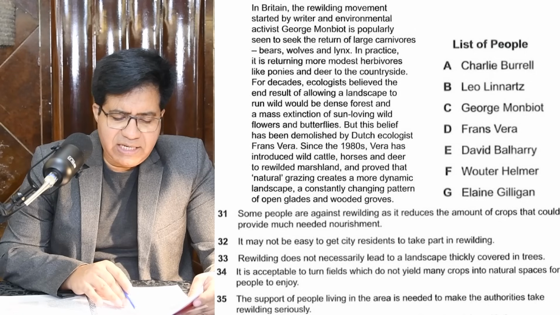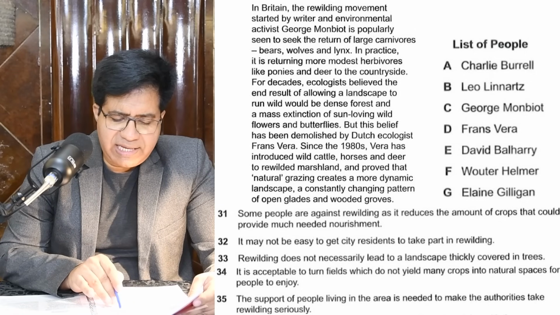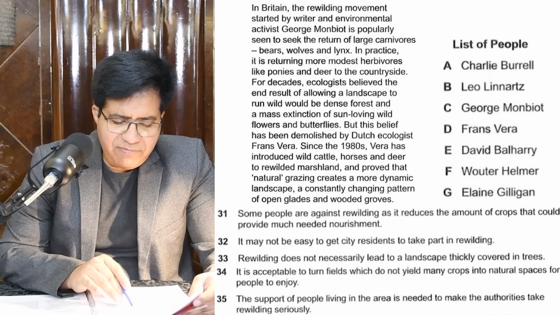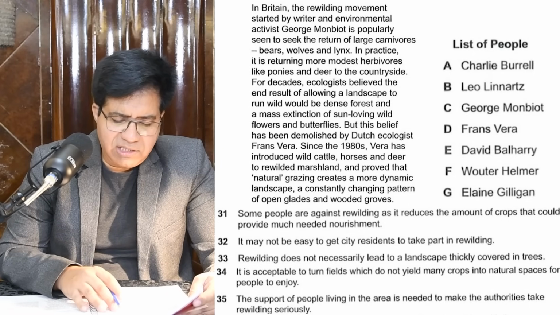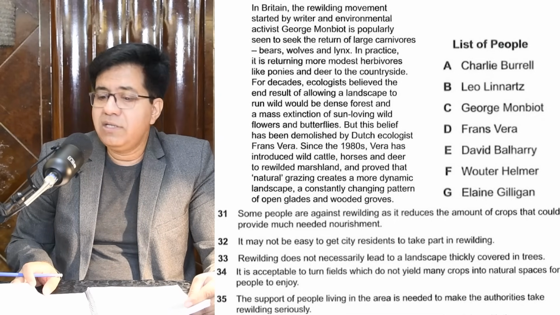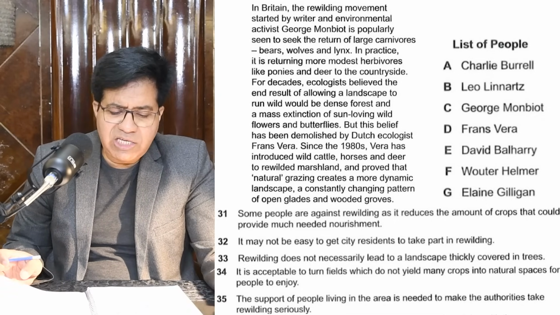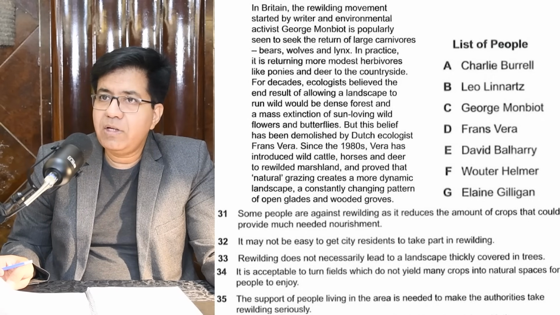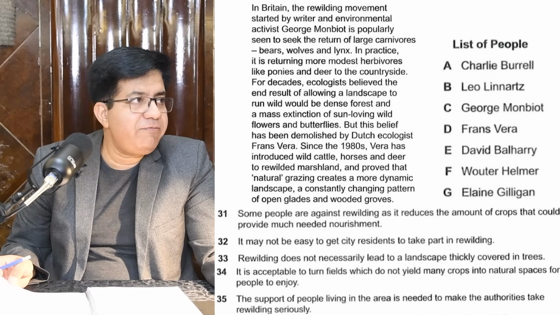In practice, it is returning more modest herbivores like ponies and deer to the countryside. For decades, ecologists believe that the end. Do we have any statement? We don't. So we need to miss him. Got the point? There is no statement. And can you see George Monbiot elsewhere? George Monbiot in any other paragraph?